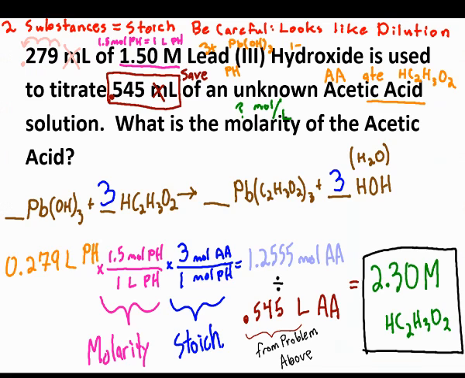And that will give me my 2.30 that I use in other problems. Again, as you can see here, the top part of that, the moles, came from a bit of stoich. The bottom part came from the problem itself, and together we get the molarity. So there you go. That is titration. Good luck.